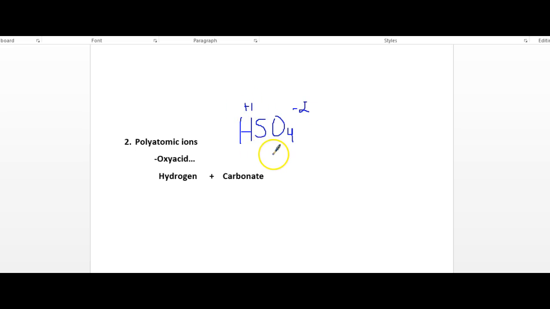Okay, so that really would be H2SO4. We also want to remember that we have to have the AQ, the aqueous, after it as well. So AQ. And then this would be sulfuric acid.